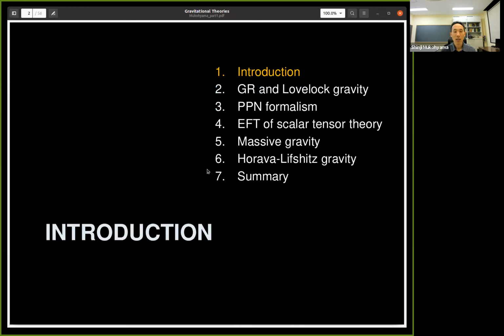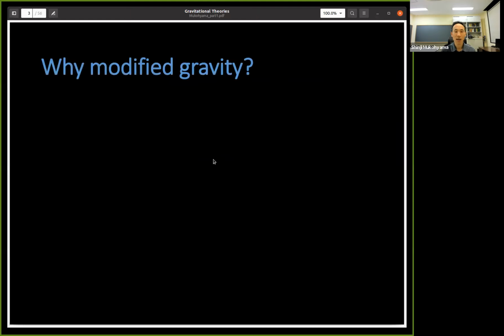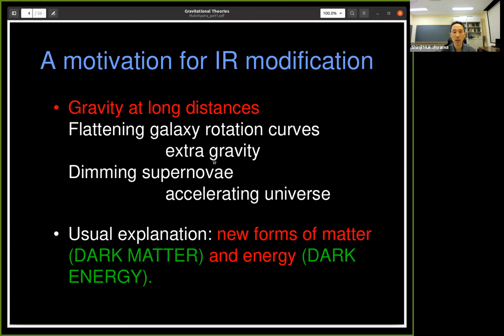Okay, so introduction. Why modified gravity? There are several motivations, but the first motivation comes from the mysteries in the universe, such as flattening galaxy rotation curves and the accelerating universe from supernovae.